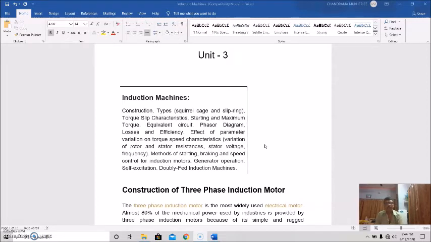With this prior knowledge, we will start Unit 3, which will be on induction machines.